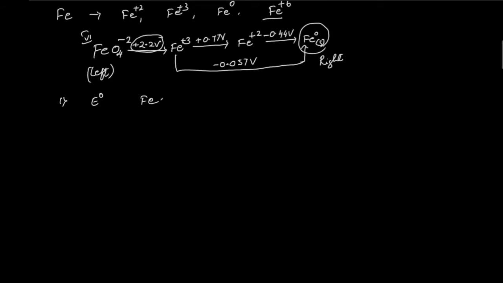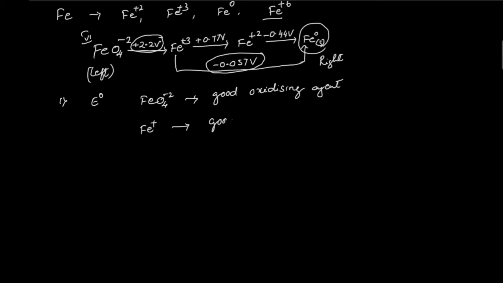Therefore, FeO4 2 minus, that is ferrate ion, is a good oxidizing agent. The next one is, higher negative value of E naught indicates that it can be a good reducing agent.